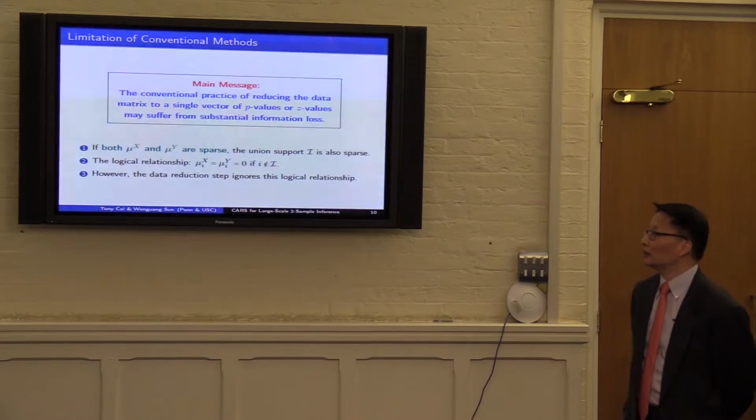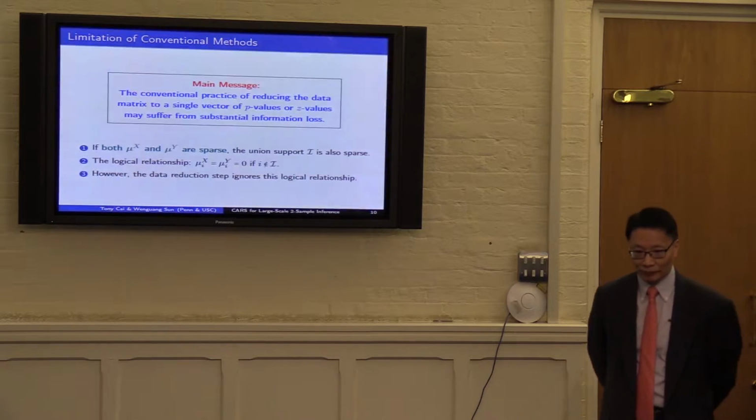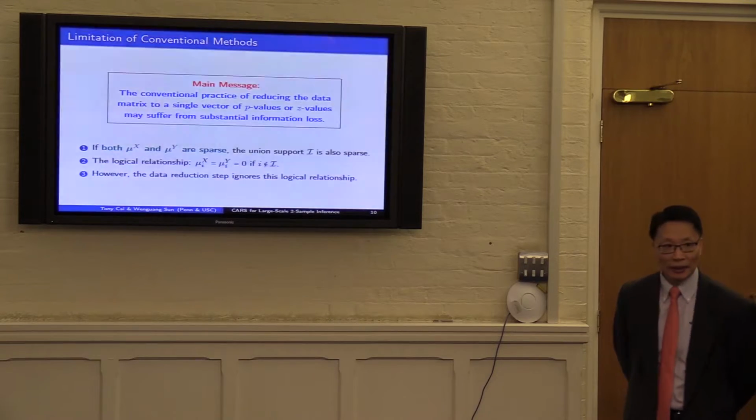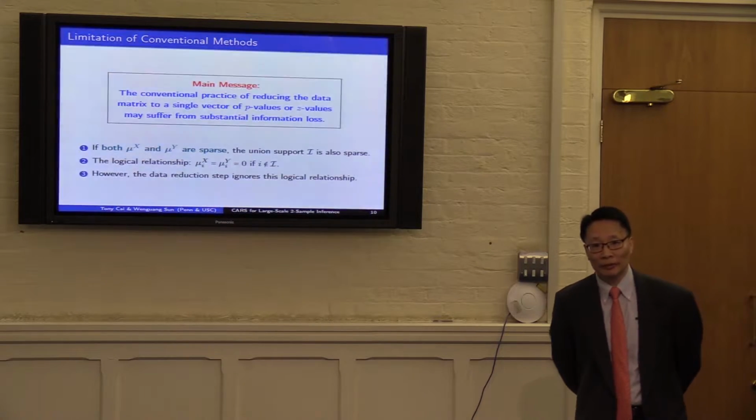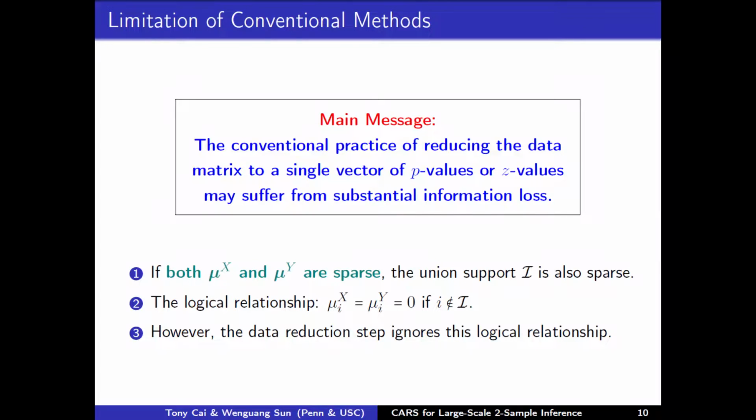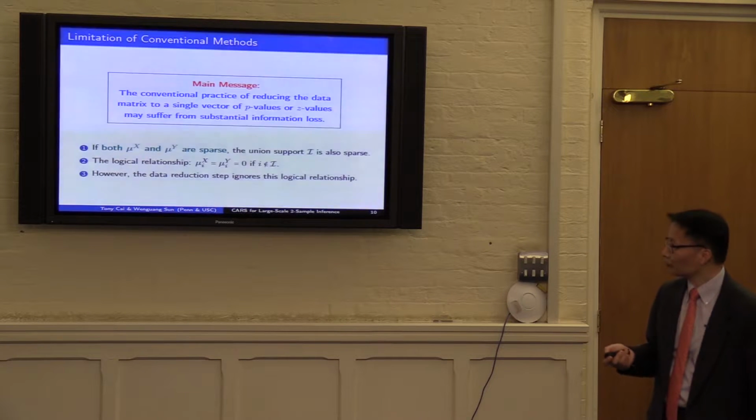And the intuition is as follows. If both mu X and mu Y are sparse, then most of the coordinates are 0. And if they are 0, they are equal. And we have also the union support, where either one of them is non-zero, is also sparse.